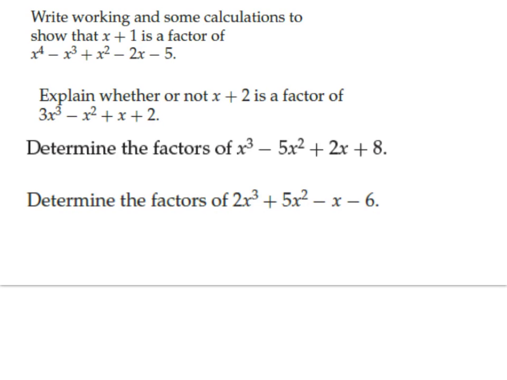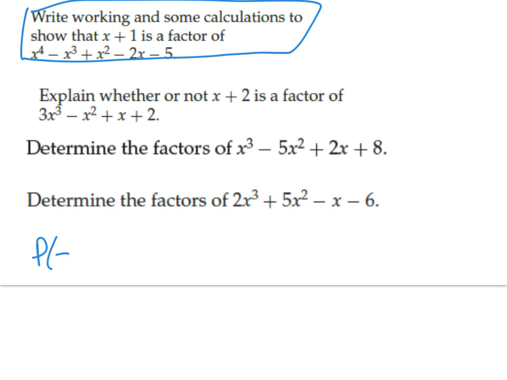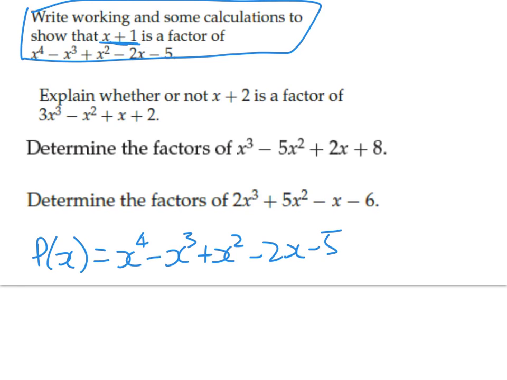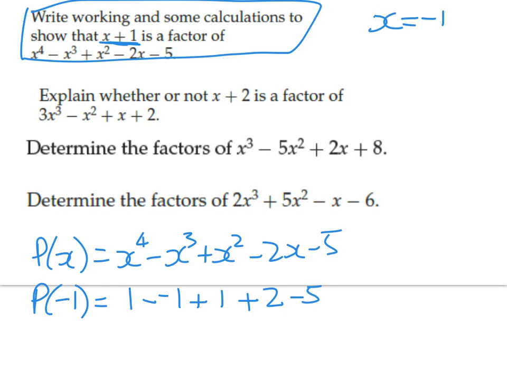Okay, so the first one, write working and some calculations to show that x plus 1 is a factor of this polynomial. So we start by writing p of x is equal to x to the power of 4 minus x cubed plus x squared minus 2x minus 5. So we're working with x plus 1, so that means we want to evaluate at x equals negative 1. So all I have to do is to substitute in here, so negative 1 to the power of 4, 1, minus negative 1, plus 1, plus 2, minus 5.